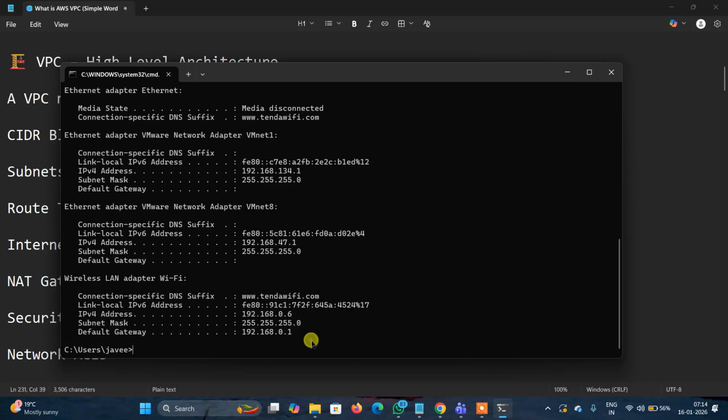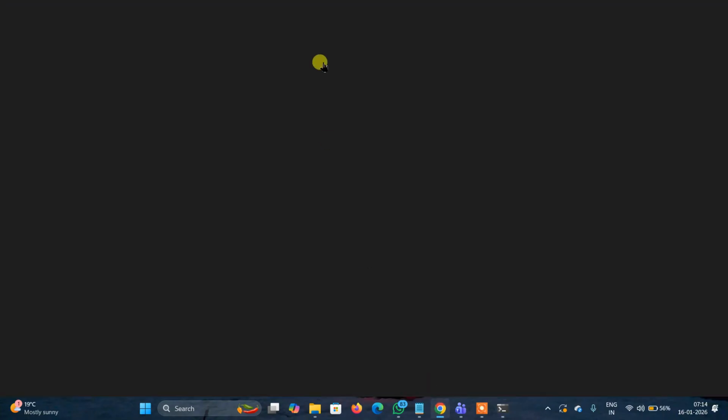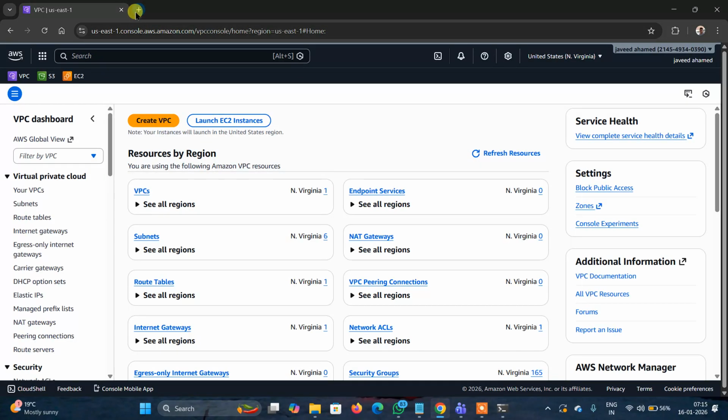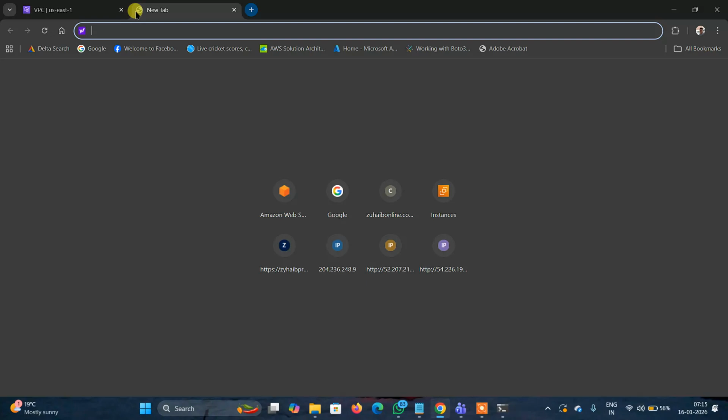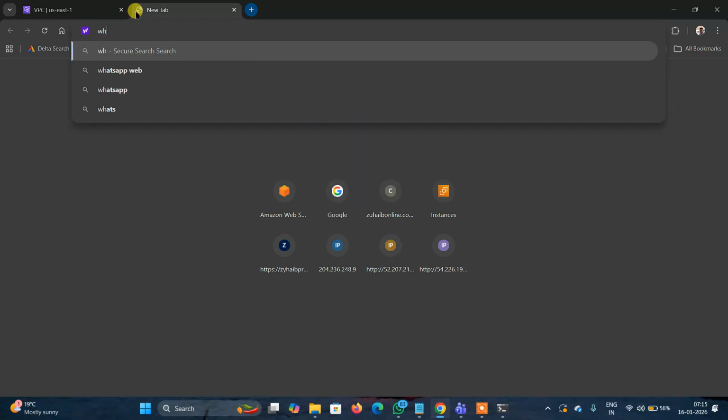Two IP addresses. This is my internal IP. What is the internal IP address of my computer? 192... To know the external IP, I just go here and type what is my IP.